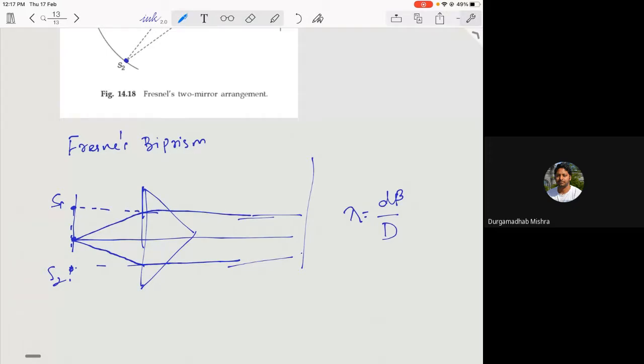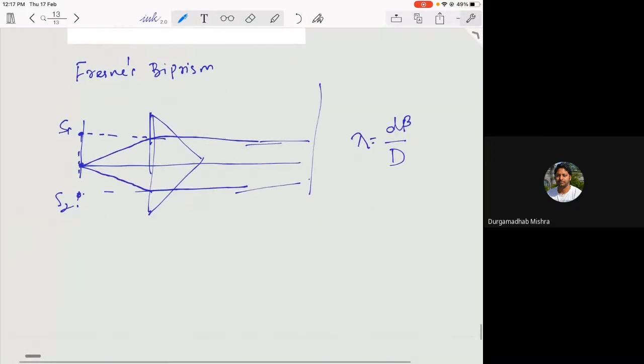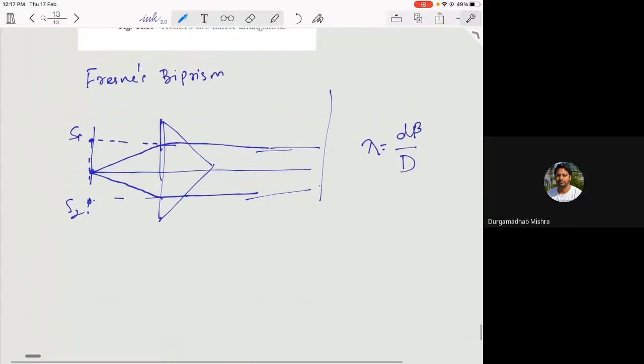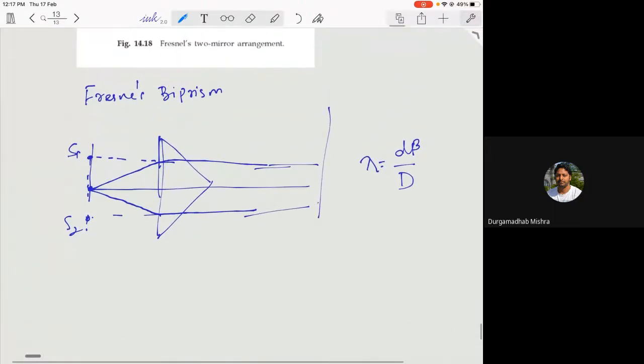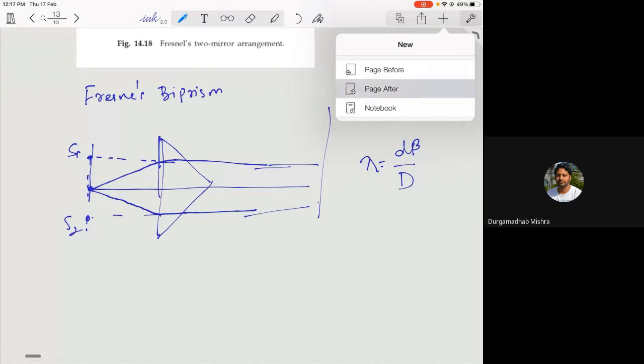Now let's consider another situation here. This is also very interesting.